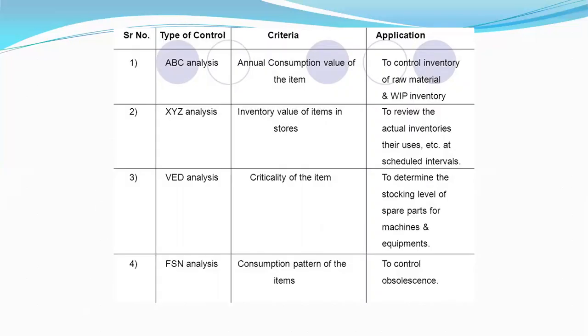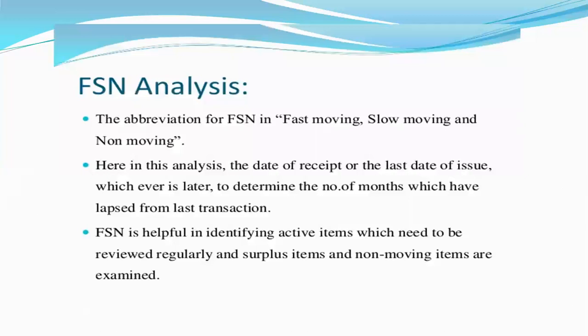Now we'll be discussing the FSN model: fast moving, slow moving, and non-moving. Here is the analysis: the date of receipt or last date of issue, whichever is later, to determine the number of months that have lapsed from the last transaction. So FSN items are categorized on the basis of date procured.